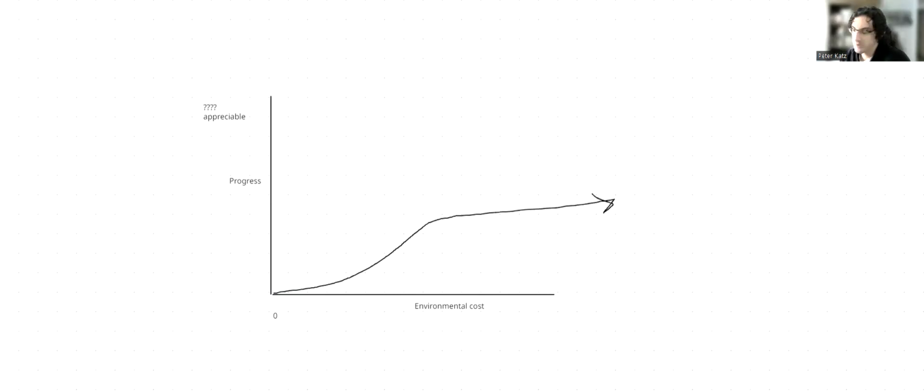In other words, it might make complete sense for us to tick up 1% or 0.1% of our environmental costs for another 0.1% of progress until we hit this place where there's runaway climate change, or where our cows start dying in the commons and we've eaten so much that the grass will never grow back. So again, it's perfectly logical. It makes complete sense to click it up one notch at a time.